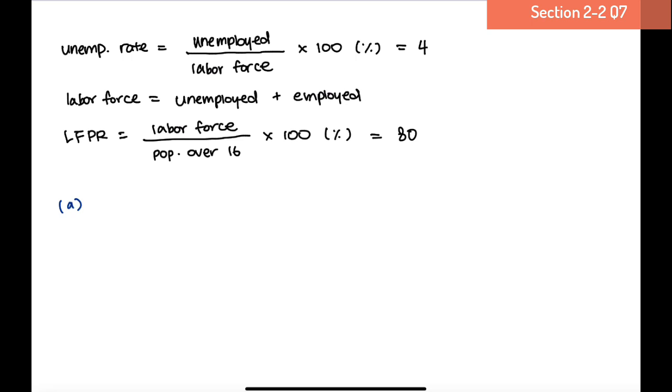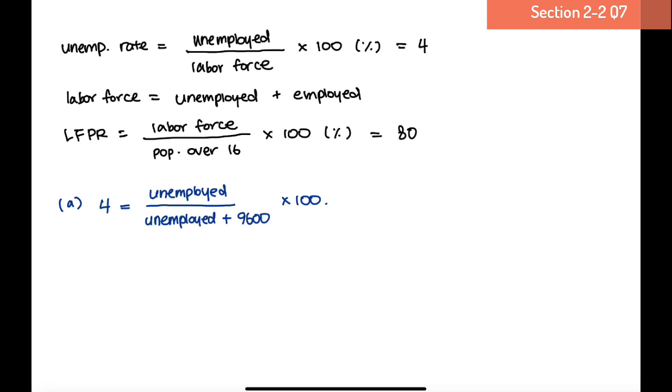We know that our unemployment rate, which is 4, is found out by looking at the number of unemployed out of our labor force, which is the sum of unemployed plus employed, and we know from the table that we have 9,600 people employed. Now all we need to do is solve for the number of unemployed because we have one equation, one unknown.